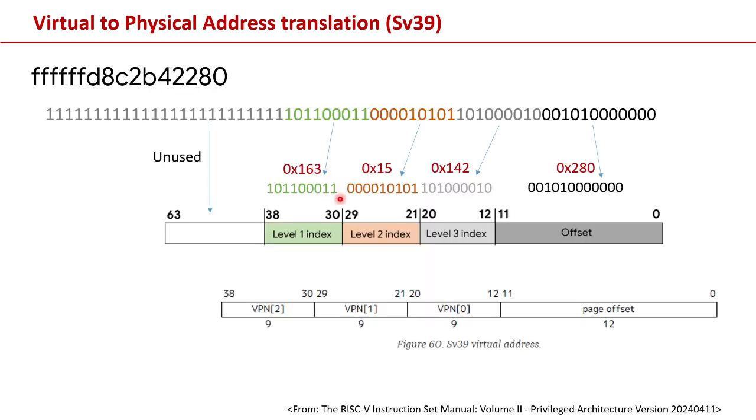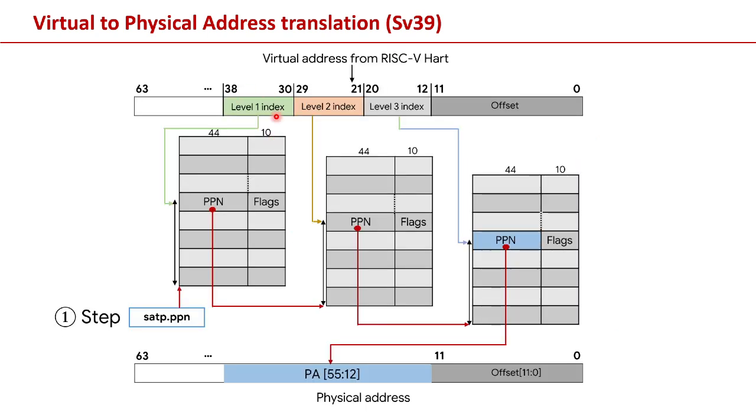Now this bit pair, from 30 to 38, is used as the level 1 index to calculate the address of the first level page table entry. As you can see, this value can be used to calculate the offset to address the page table entry in the first level page table.